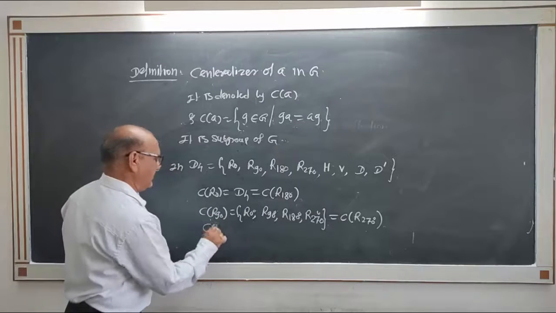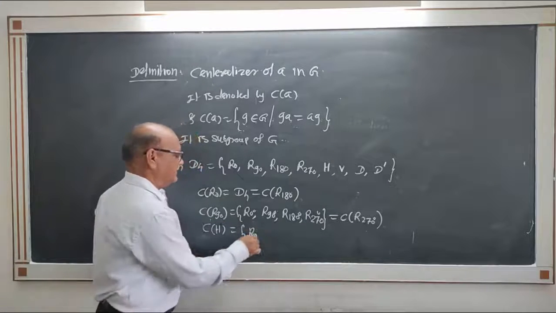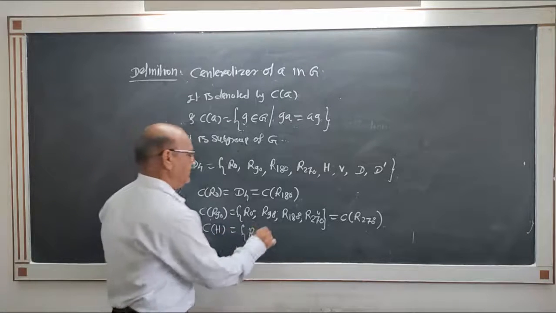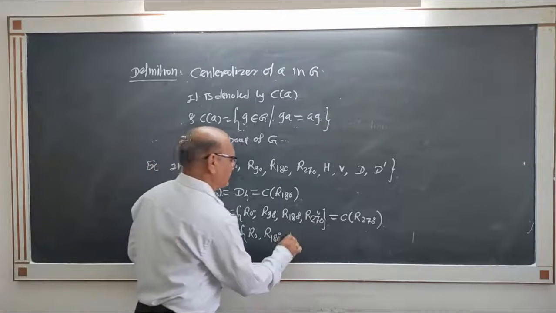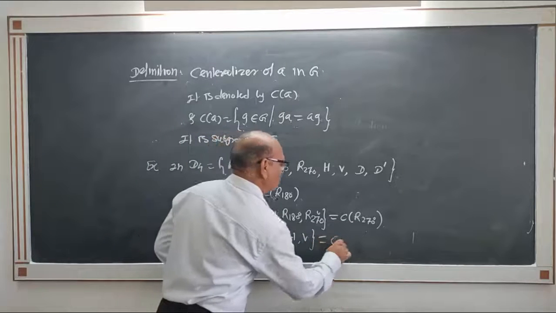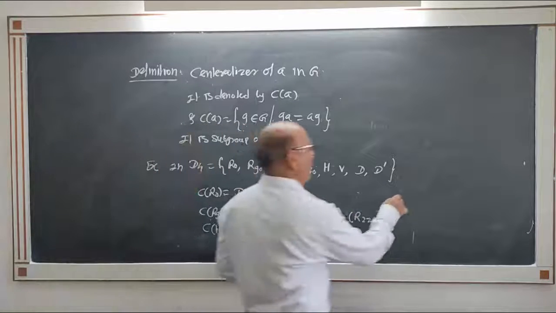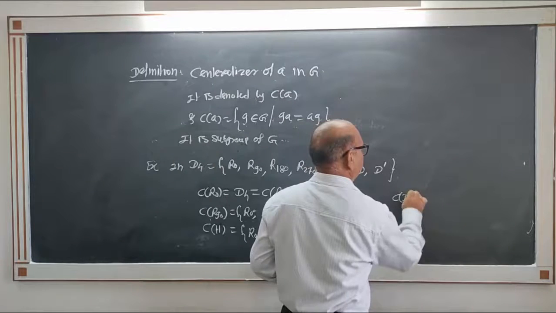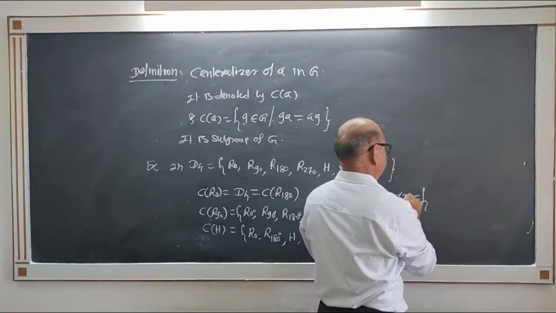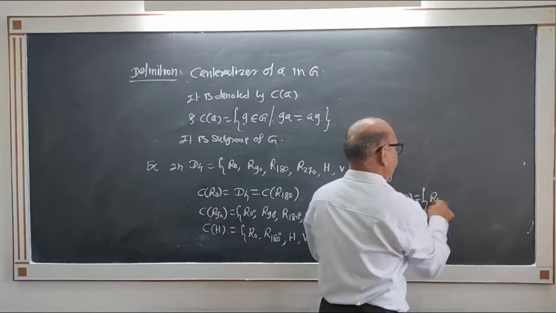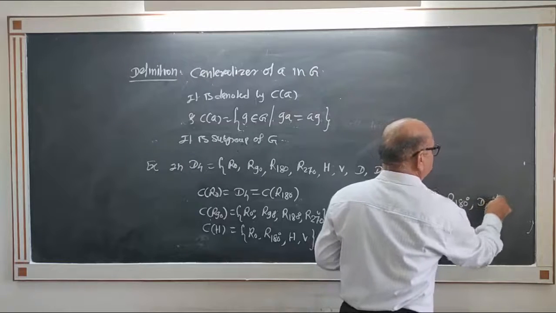If we take C of H, R0 is contained in this, that means the identity, then R180, H and V. This is also C of V. Again, C of D is equal to R0, R180, D and D dash.